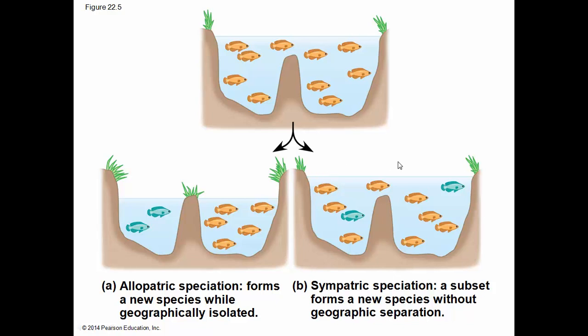For some reason, plants are much more susceptible to polyploidy, and therefore that polyploidy event, which we'll discuss, changes the chromosomes of the organism, and if that organism is fertile, then it can become distinct from its parent species. That's normally what happens in sympatric speciation, and it occurs in certain tree frogs, certain aquatic frogs, different amphibians. It's more likely to occur in them, and it's very rare in mammalian species.